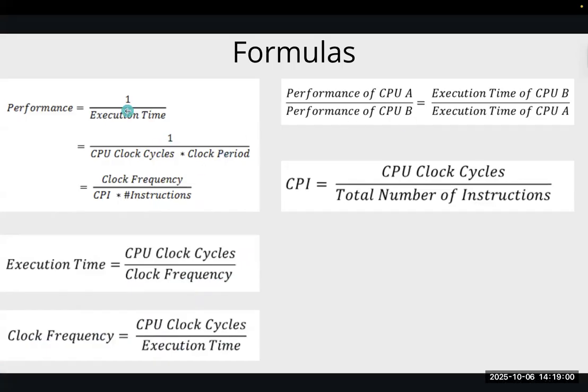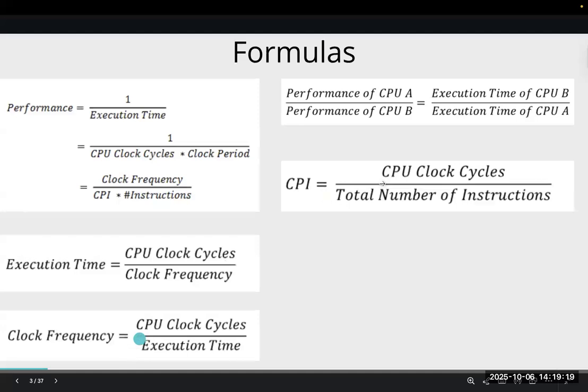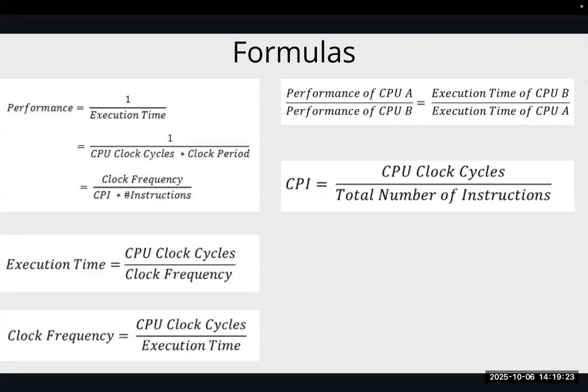And since execution time and performance are inverse, their formulas are also going to be inverse when you're comparing them and trying to find out the fourth value when you have all three values. And CPI can be calculated using this formula here. So the questions from chapter 1 are going to be pretty straightforward.